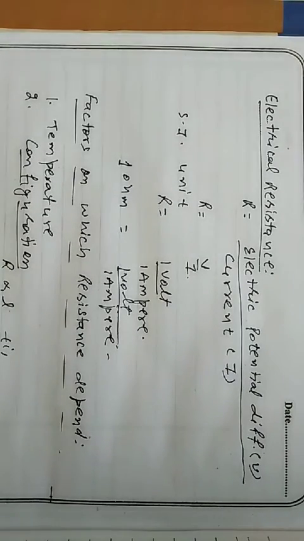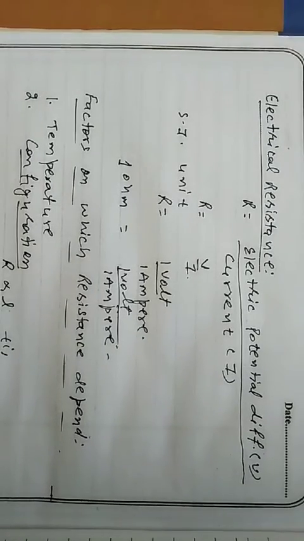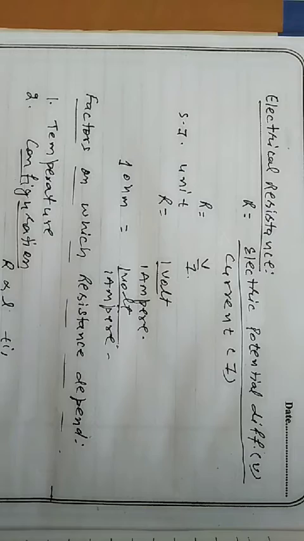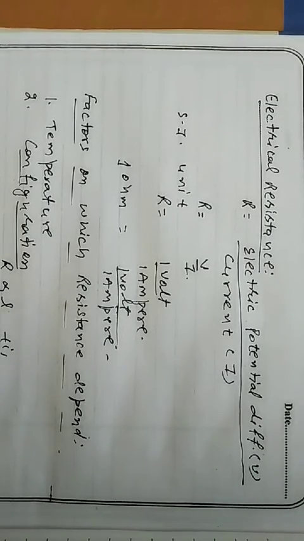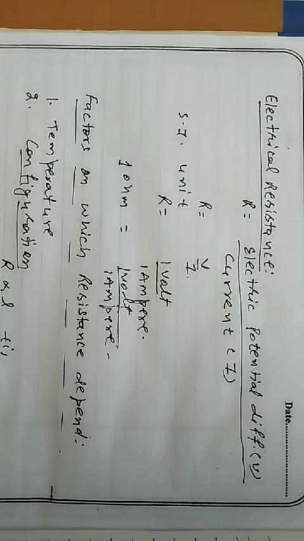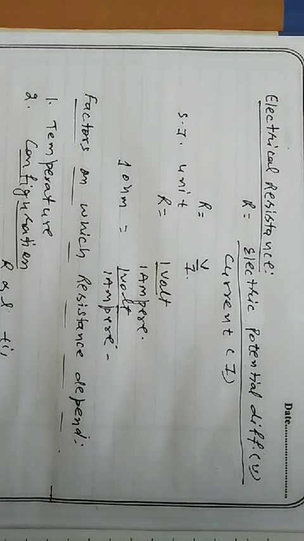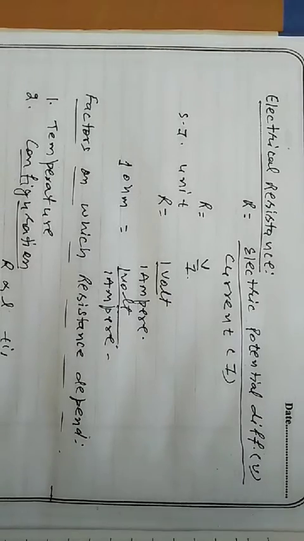Equation number first: if the length of a conductor increases, the resistance of the conductor also increases. And the resistance of a conductor is inversely proportional to the area of the conductor, that is, inversely proportional to 1 by A. Now combining first and second, we can say R is proportional to L by A.